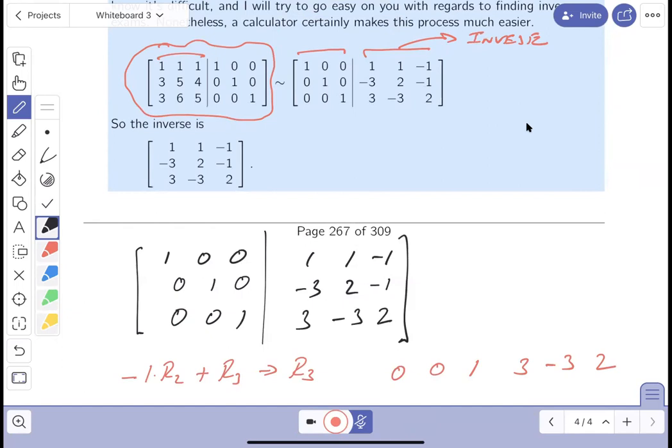Let's see if I got the right answer. 1, 1, minus 1, minus 3, 2, minus 1, 3, minus 3, and 2. Good job. Okay, so what I'm going to do now is I just want to go to the computer. You realize how long that took me, how kind of confused I was at some point. A lot of arithmetic was going on.